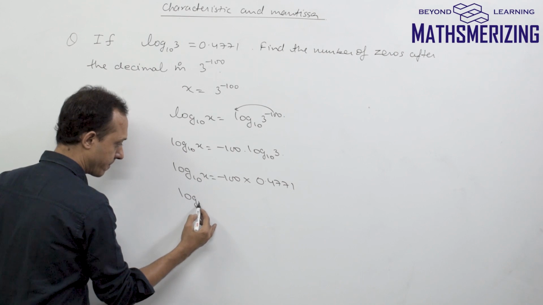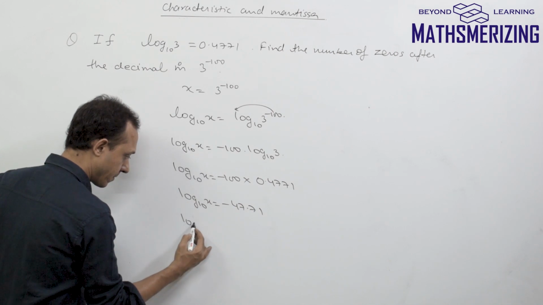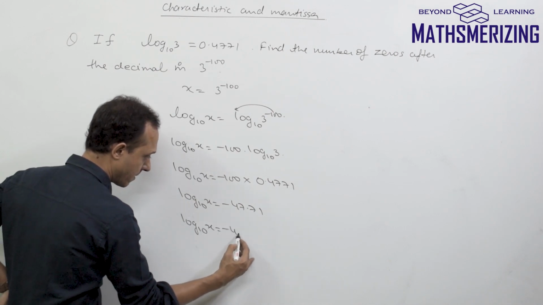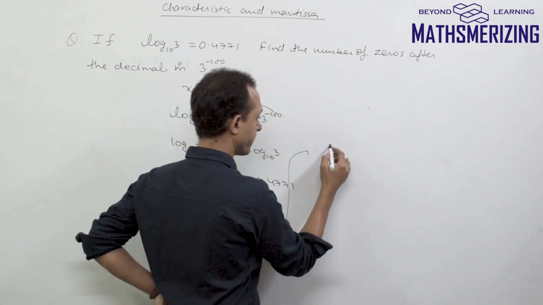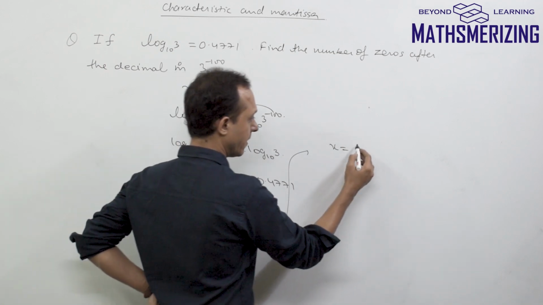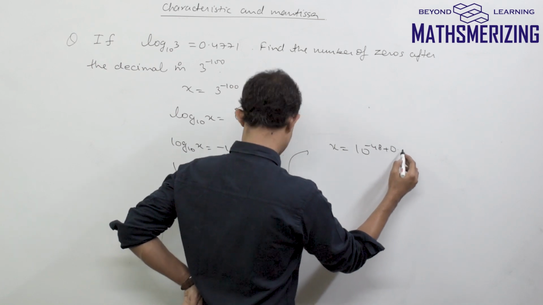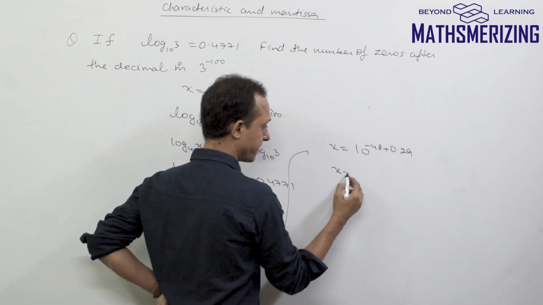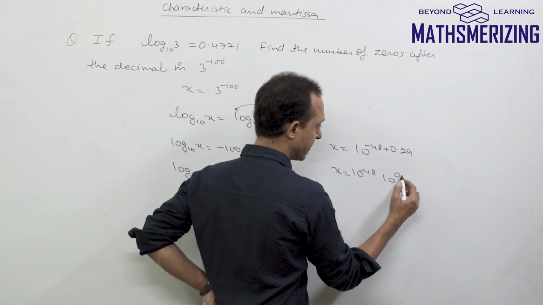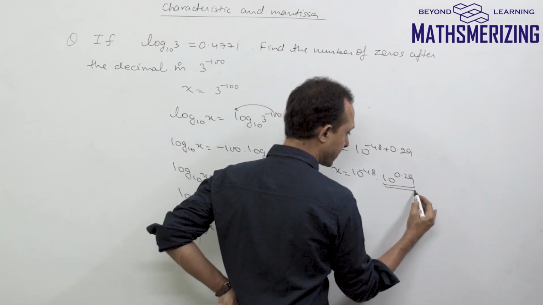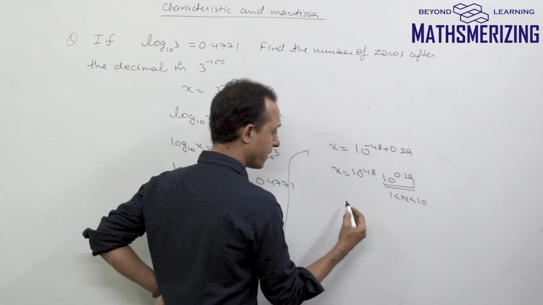So I can write it as log x equals minus 47.71, and I can also write it as minus 48 plus 0.29. So I can express it as x equals 10 to the power minus 48 plus 0.29, which is x equals 10 to the power minus 48 into 10 to the power 0.29. Now again 10 to the power 0.29 will be a number which will lie between 1 and 10.